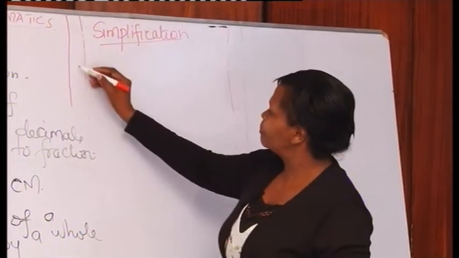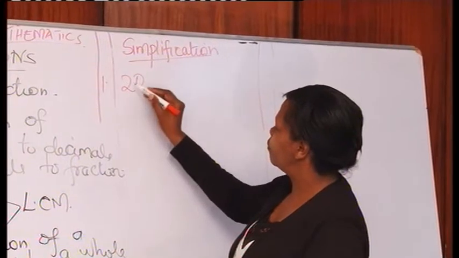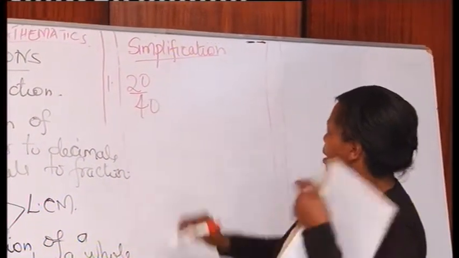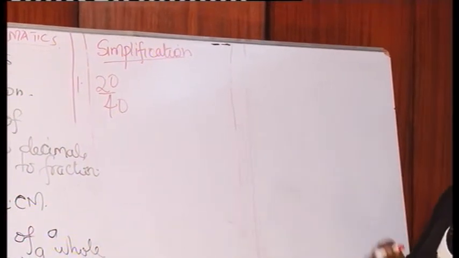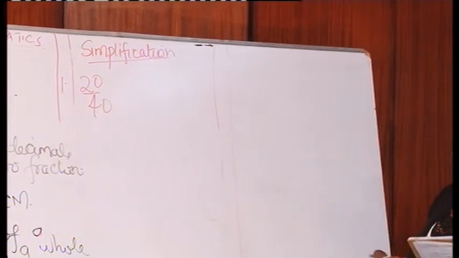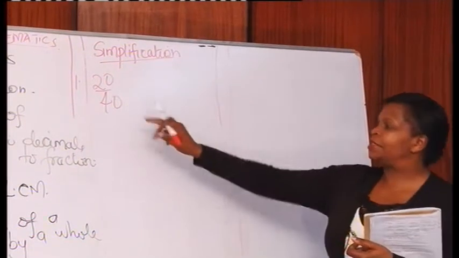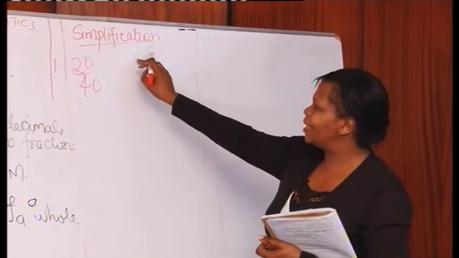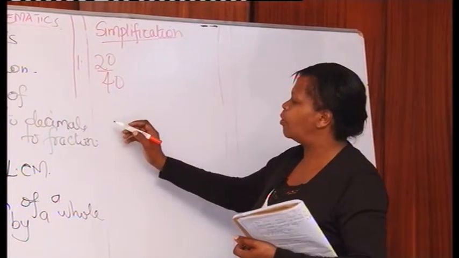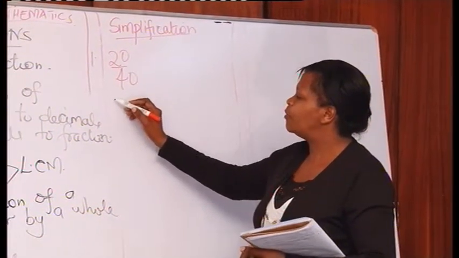For example, when you take 20 over 40, I can simplify this and get a smaller fraction that means the same. What is simplification? Simplification is the opposite of looking for equivalent fractions.